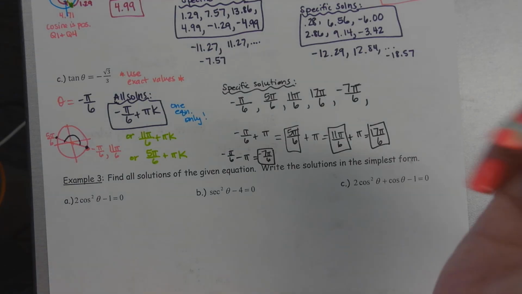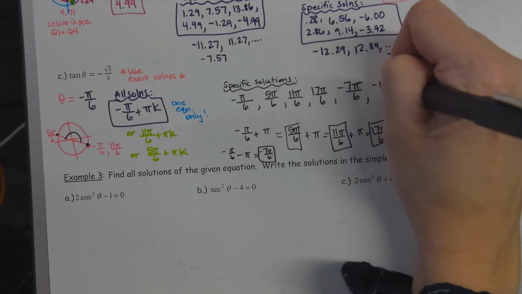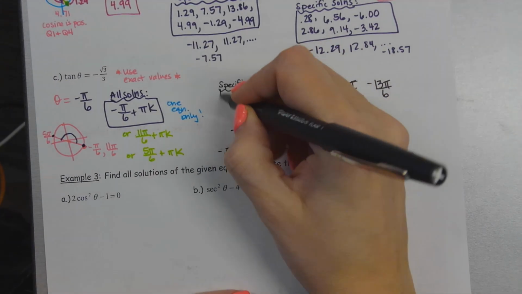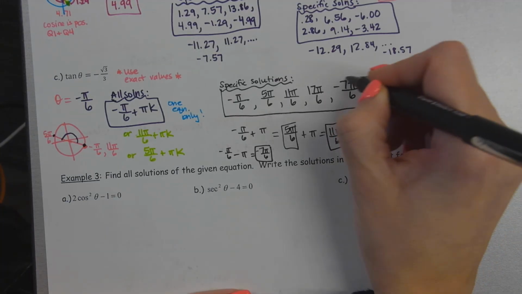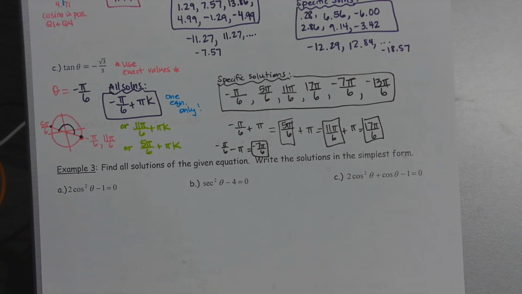That would give you okay, so you can keep going, right? You can subtract again. Okay, negative 19 pi over 6. So I know that you can add those in your head, so that's okay. Just make sure you have your equation there.